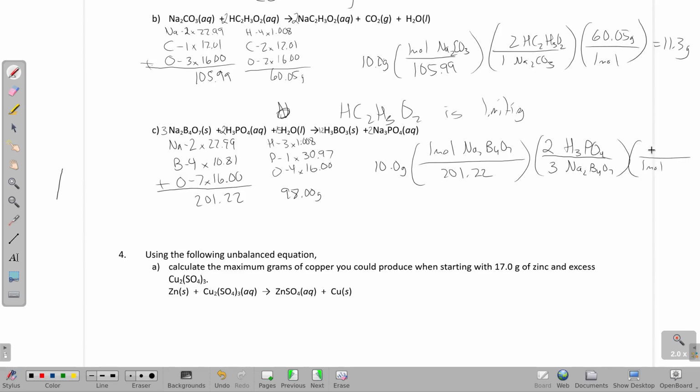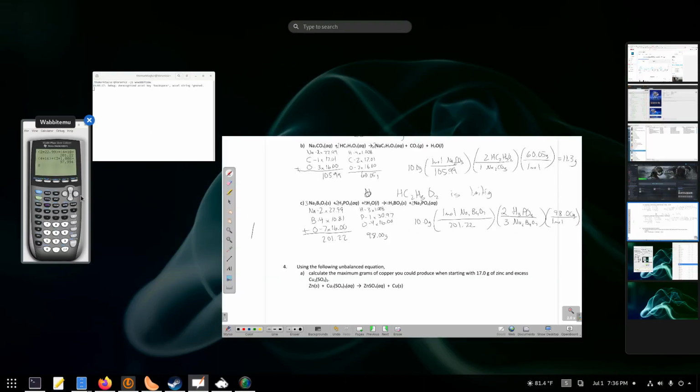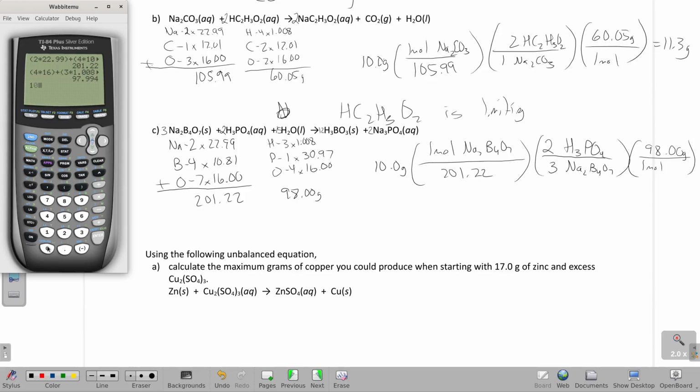And our last thing is convert that back into grams. Alright, so the 10 grams of Na2B4O7 times 2 divided by 3 times 98.00.